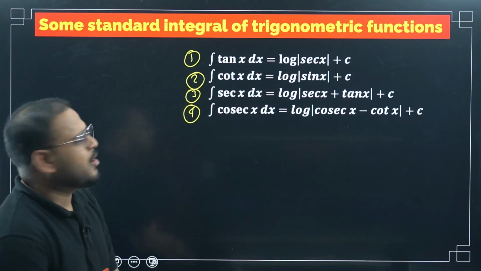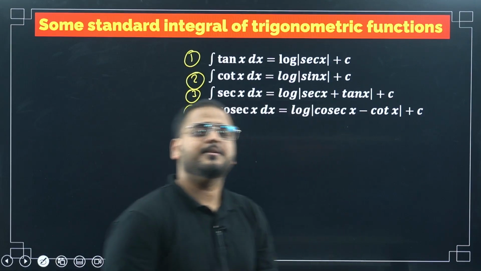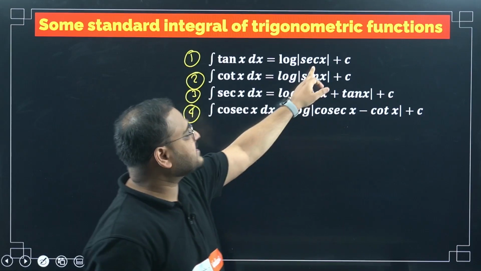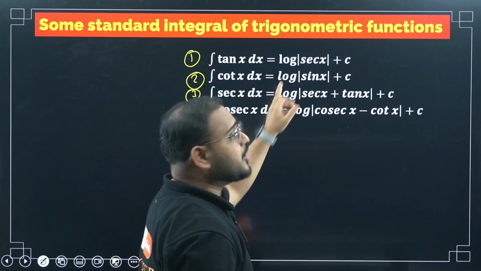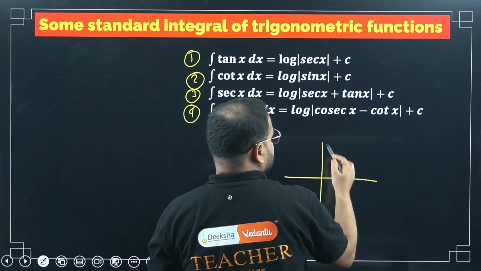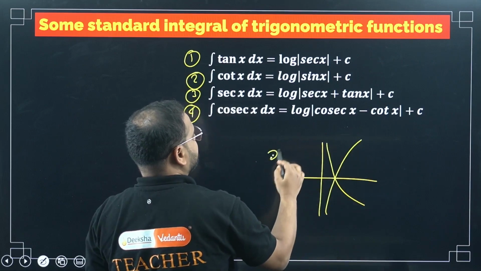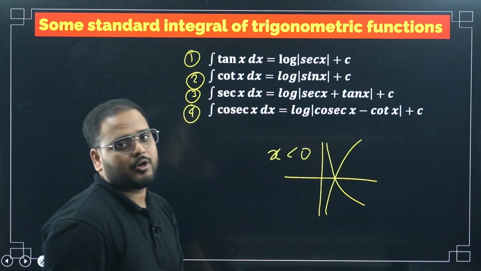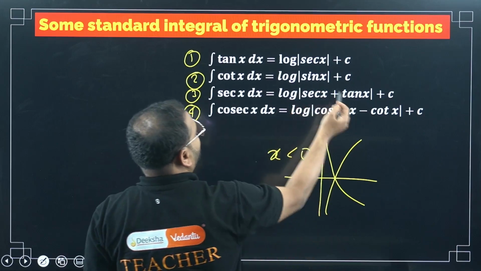Why are we using the modulus here in the log? Any idea? Sec x can have negative values also, but log cannot. Please check. Can you define log for a negative x? No, sir. That's why wherever you see log, you can find a modulus.